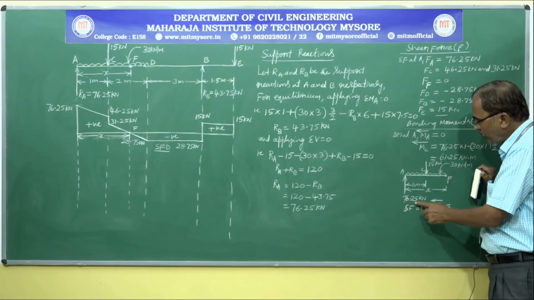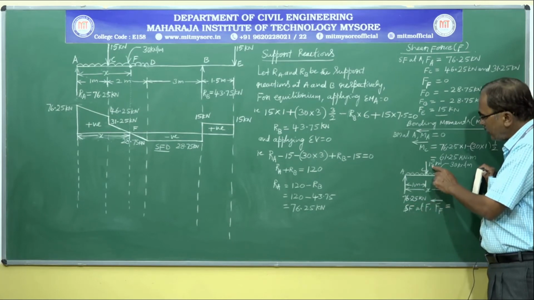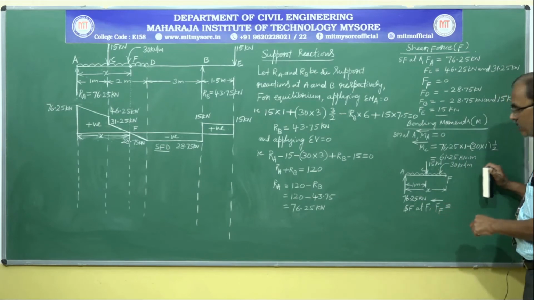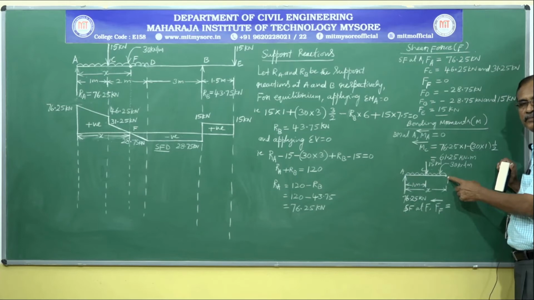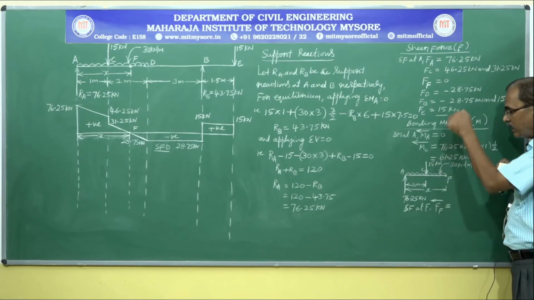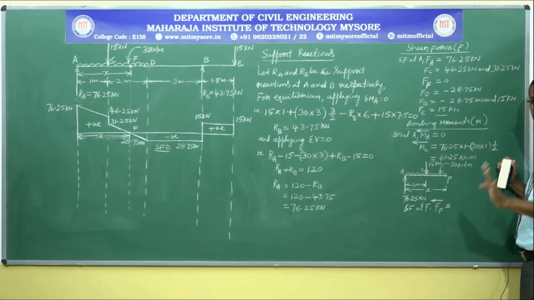This 76.25 kilonewton can be considered as it is. Next, this 15 kilonewton can also be considered as it is. Then convert this uniformly distributed load into a point load, acting in the downward direction. We want only their magnitude and their direction, that's all.